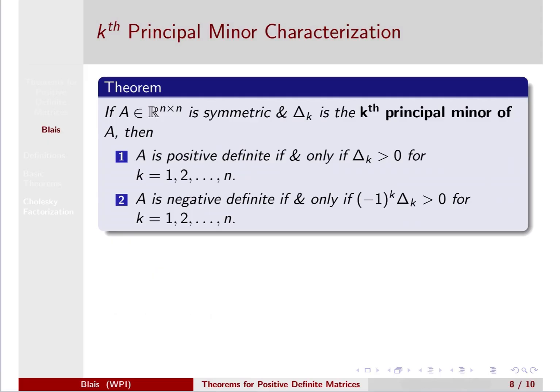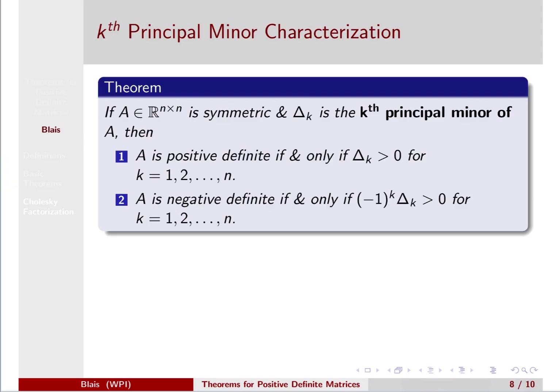And we have this result that if we have a square symmetric matrix and delta k is the kth principal minor, then that matrix A is positive definite if and only if all of those principal minors are positive. So the first, the second, the third, up until the nth must all be positive.